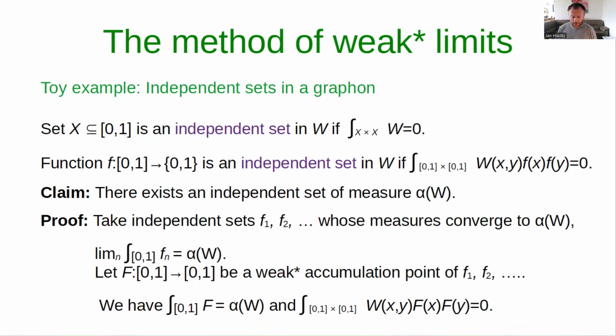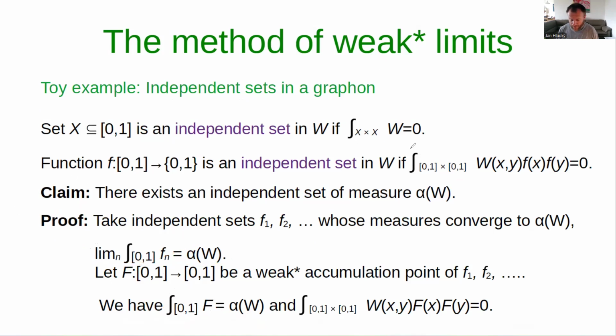So we got this weak star limit capital F, and what properties did it inherit from the functions Fn? Well, we have this one, and if you recall the definition of weak star convergence, I can take any measurable set A. In particular, I can take A to be the entire interval. So we have equality of the limit of these integrals and this integral.